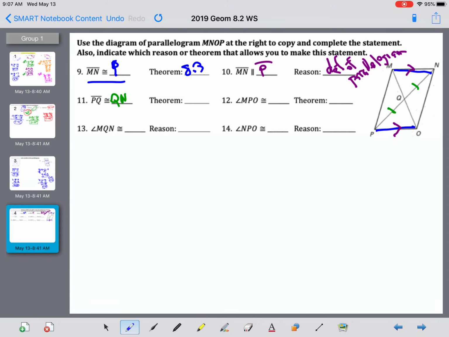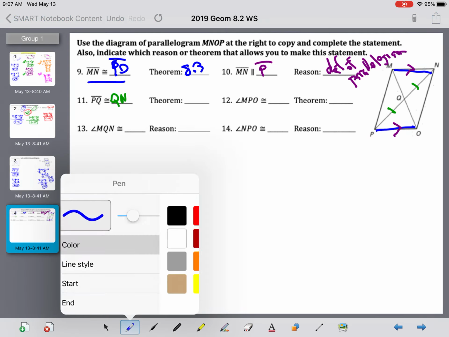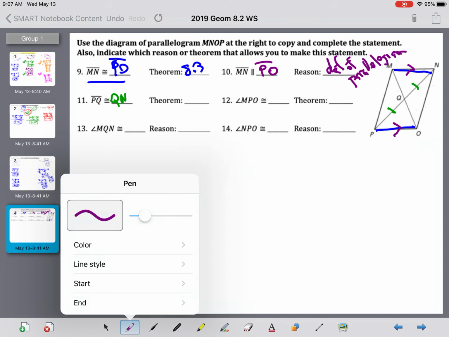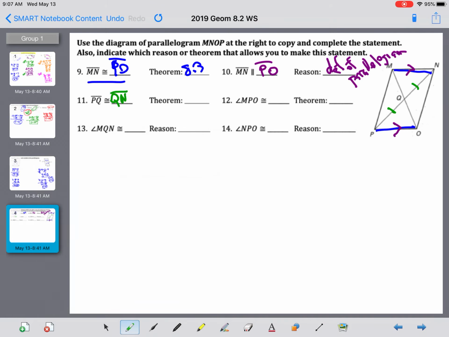This is PO, not PQ. And this is PO here. I mistook that O for a Q. Sorry about that. Okay, QN, and that is the diagonal theorem, which is Theorem 8.6.